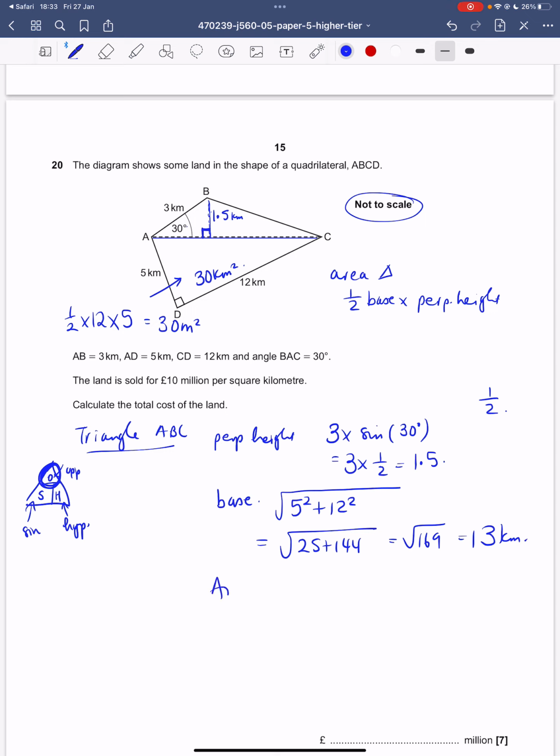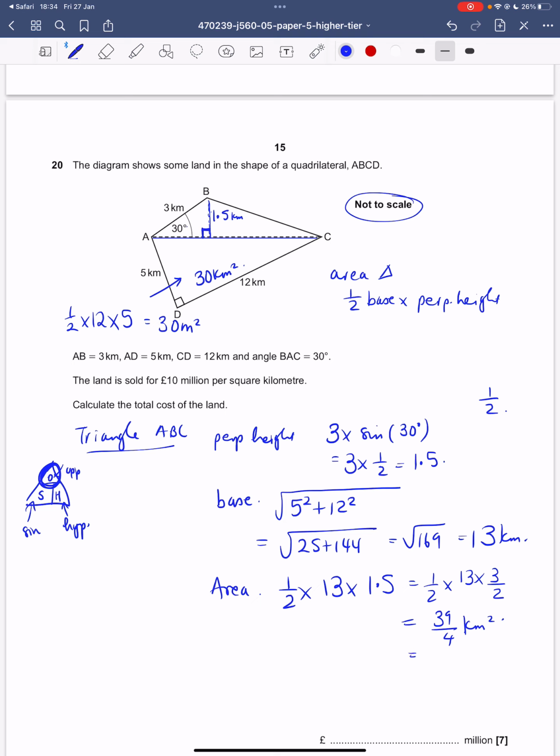So the area of triangle ABC, a half of the base times the perpendicular height, is a half times 13 times 3 over 2. It's 39 over 4 kilometres squared.